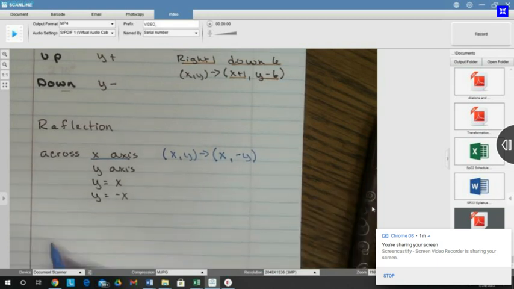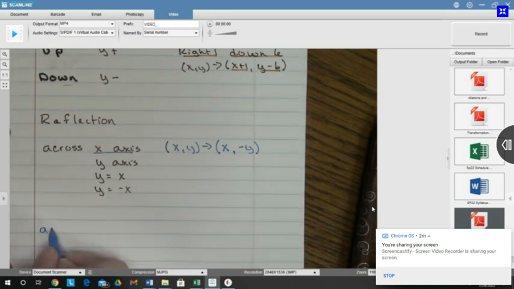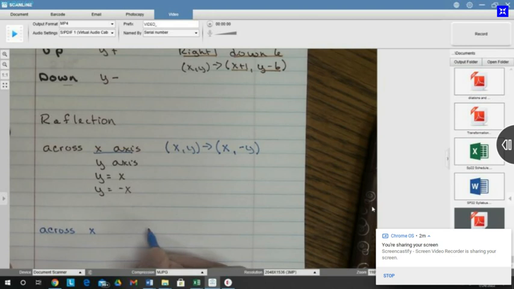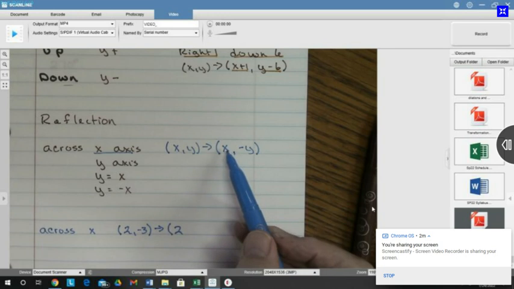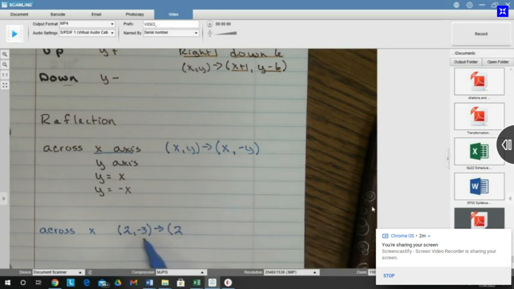So if I was going across the x-axis and I have the coordinate 2, negative 3, 2 stays the same because x stays the same. Opposite of y, positive 3.